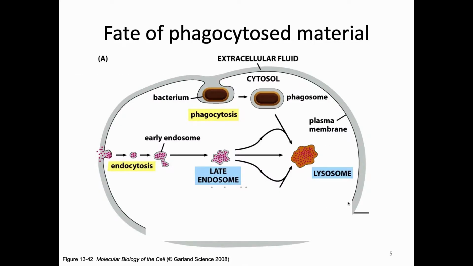We can see at the top the fate of material that gets phagocytosed. We do phagocytosis, we're enveloping this big thing. It goes into a phagosome because it was made by phagocytosis. And eventually that phagosome will fuse with the lysosome. If we internalize something by endocytosis, we make a smaller vesicle, but it ends up being about the same process.